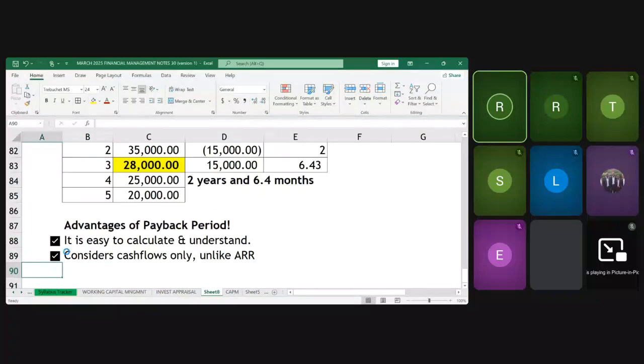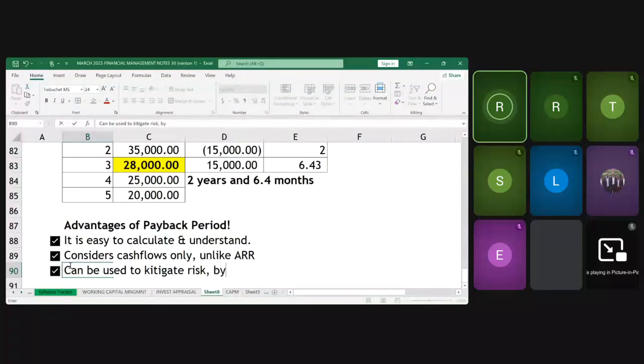Another advantage is that it can be used to mitigate risk, by accepting projects with lower payback.